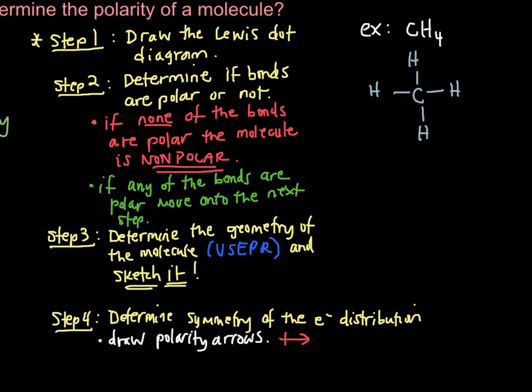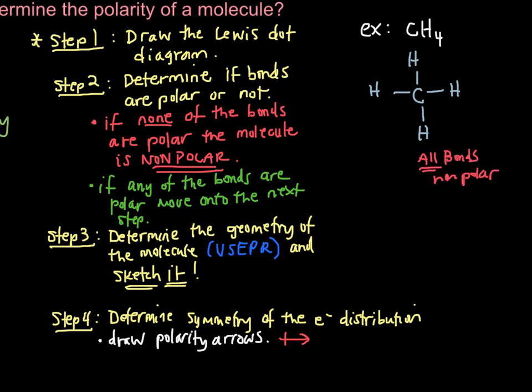Carbon has an electronegativity of 2.5 and hydrogen has an electronegativity of 2.1. So the difference between carbon and hydrogen is only 0.4, which is not enough for each of these bonds to be considered a polar bond. So every single one of these bonds is nonpolar.